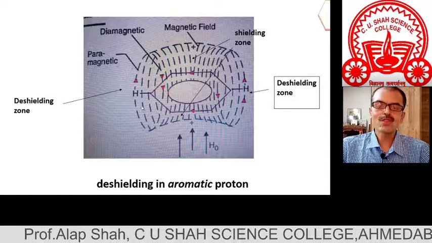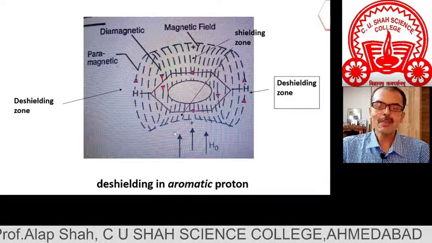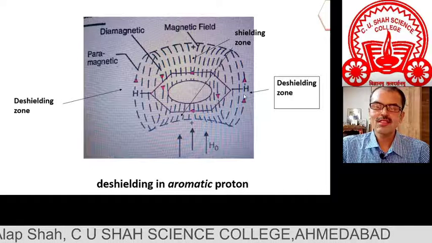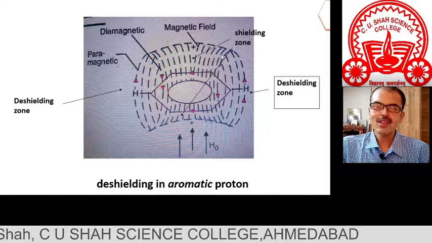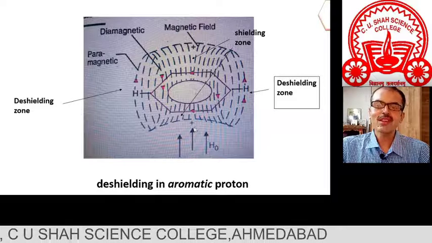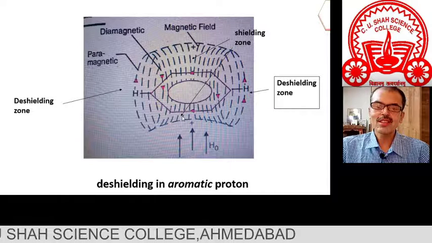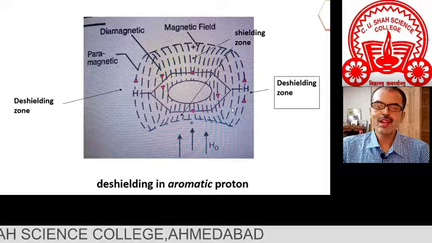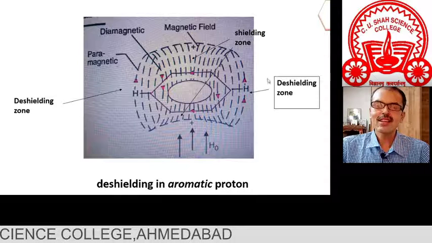Now see two zones. In these lines, the direction of this arrow is parallel to H0. See this one or this one, they are parallel to H0. But when they enter over here, here or here, you can see this arrow and this arrow are opposing. So some zones are shielded zones, like this one I have shown, and in some zones where the induced magnetic field and applied magnetic field are parallel, it is called deshielded.